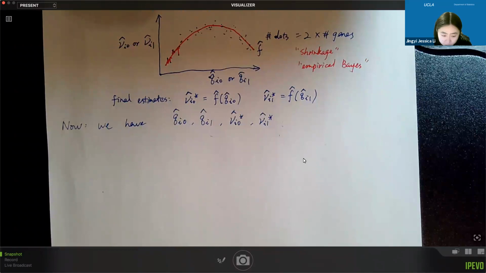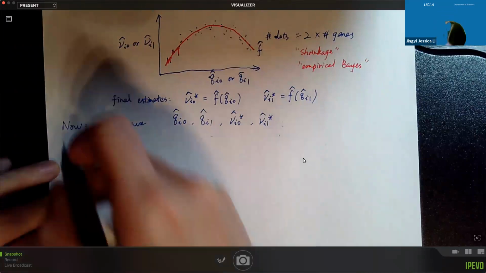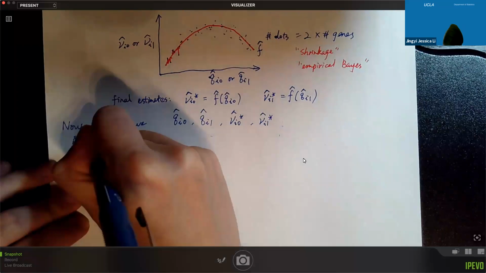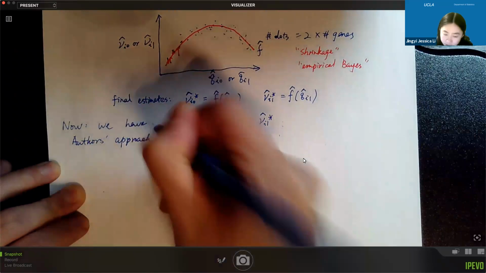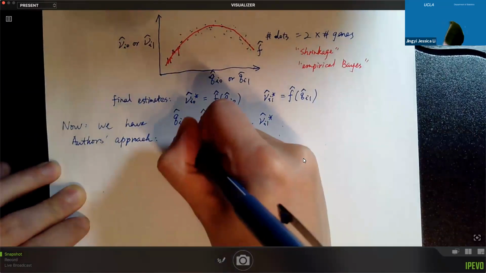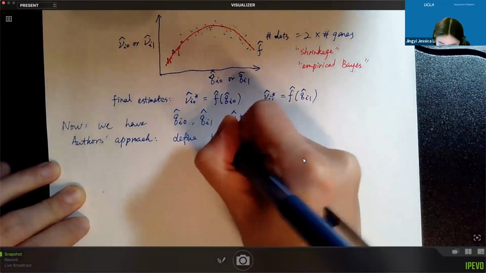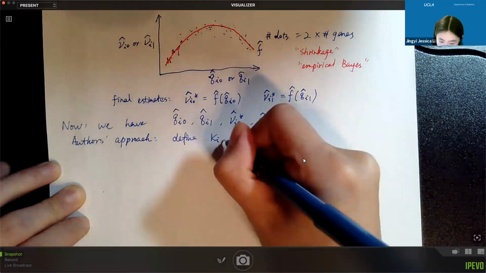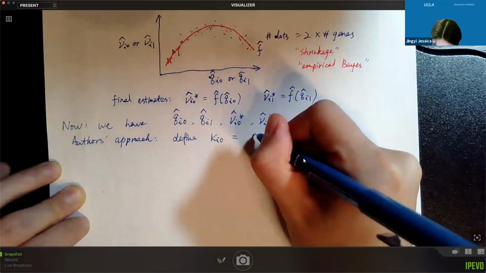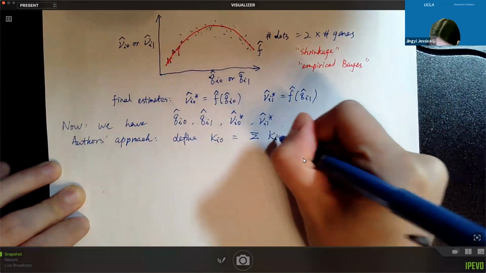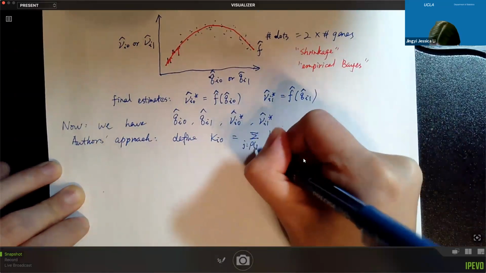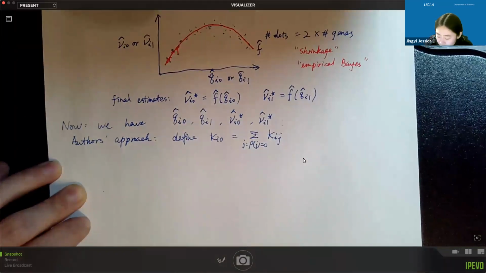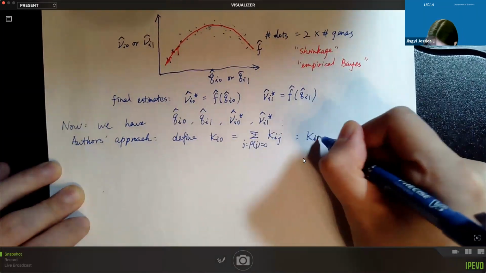So the authors define Ki0 as the sum of the counts of gene I across samples in condition 0. They take the total for condition 0. And they also define the total for condition 1.